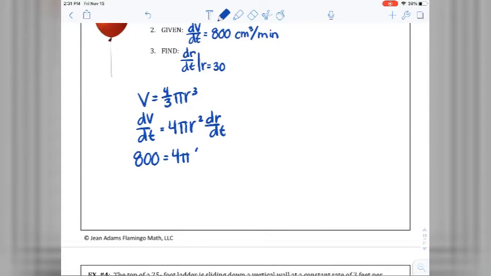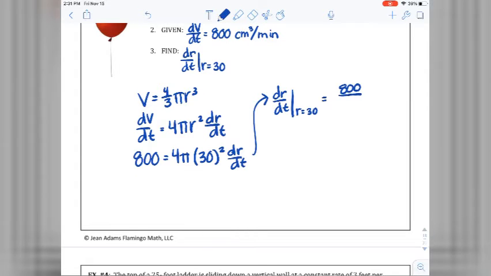We want the instant when r is 30, so we plug in 30 for r. So dr/dt when r is 30 will be 800 over 4 pi times 30 squared, so that's 900. I can cancel out the 2's, cancel out the 0's. So dr/dt when the radius is 30 will be 2 over 9 pi.